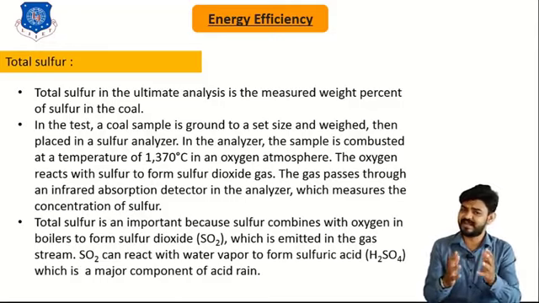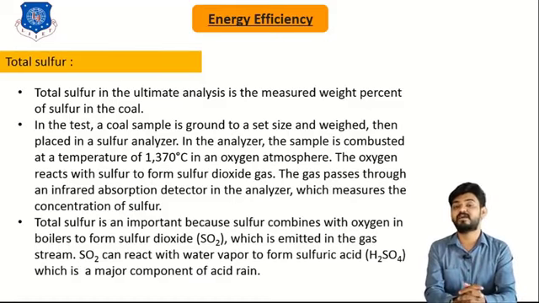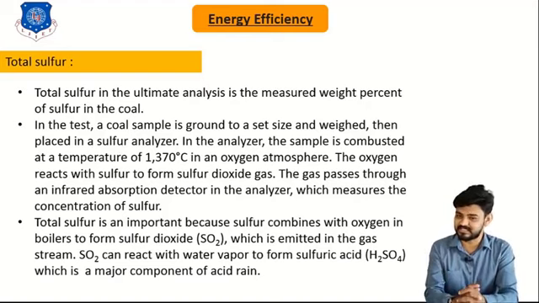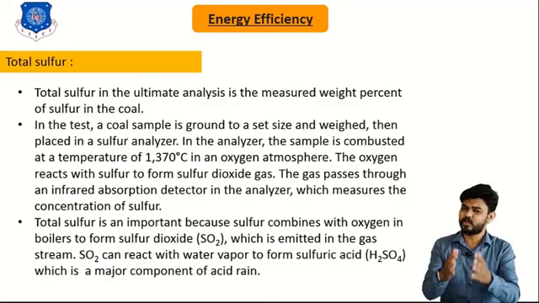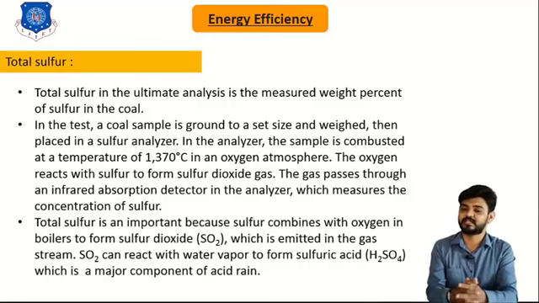In this sulfur analyzer, the sample is combusted at a temperature of around 1370 degrees Celsius in the presence of oxygen. This oxygen reacts with sulfur to produce sulfur dioxide.